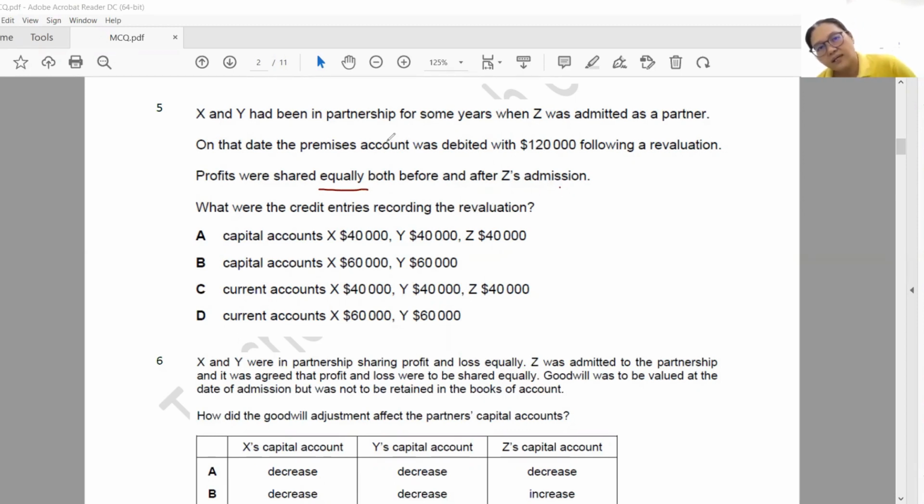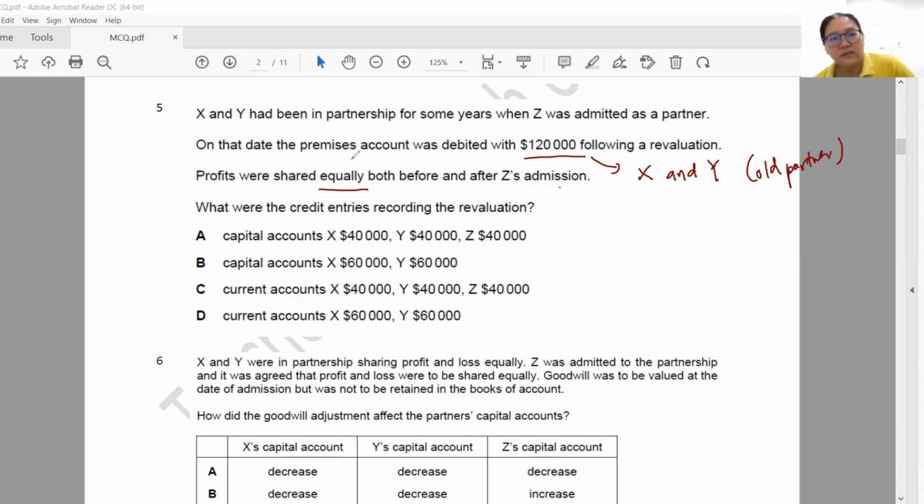This asset belongs only to X and Y, the existing partners.